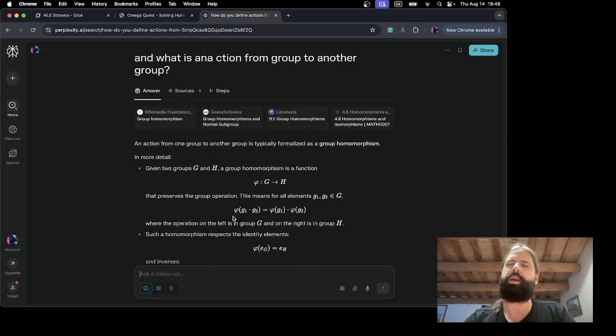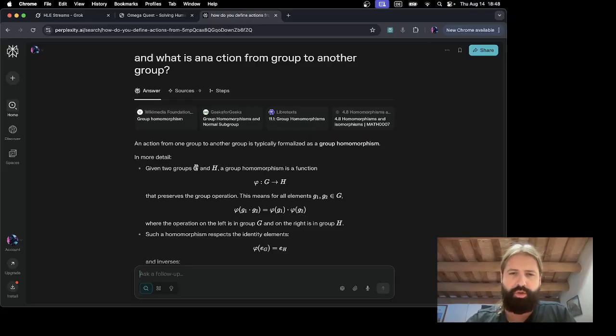Like the group is the abstract definition of how the elements behave under one operation, and that action is just a way to apply this to a set, while an action from one group to another group is typically a homomorphism.